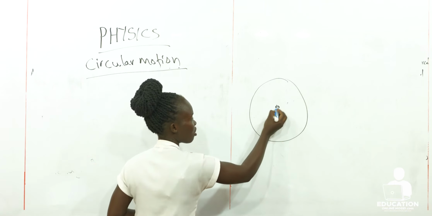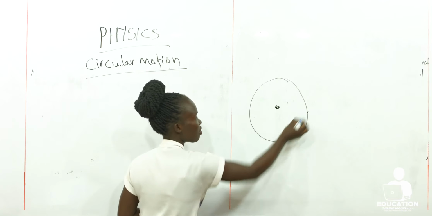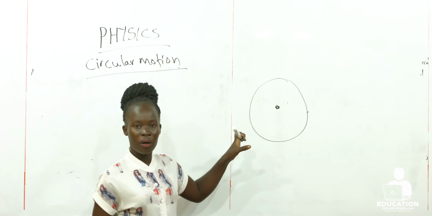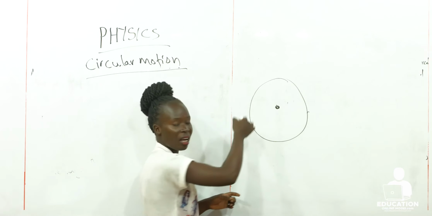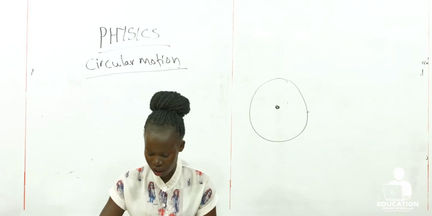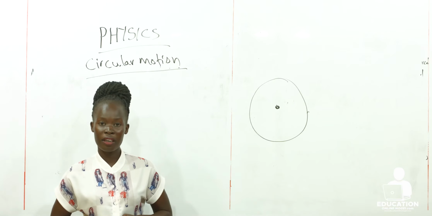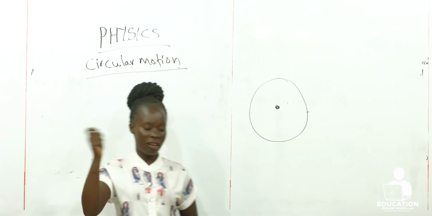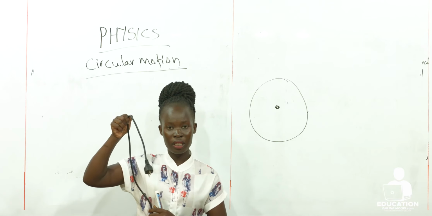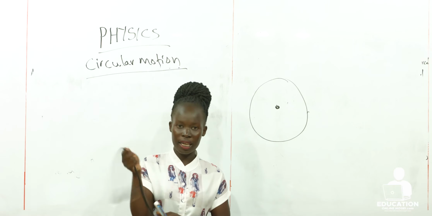The top here is the circumference of this circle, and the bob is taking the circumference and moving in this circular path. So we can say that circular motion is a motion in which the body moves in a circle about a fixed point. My hand, as I was holding it right here, is actually the fixed point.